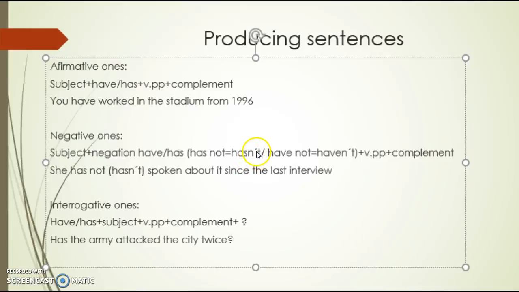Sometimes people get scared because they look at this little apostrophe here, but it's the same when you have hasn't to has not, or haven't to have not. Okay, and we put the verb in past participle and the complement. So a simple example: she has not, or she hasn't spoken about it since the last interview. Okay, one more time. She has not spoken about it since the last interview.